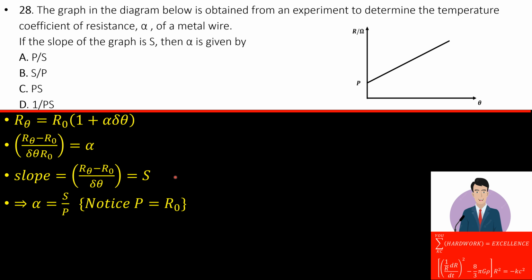And so you realize that our alpha now is actually going to be the slope S divided by P. Okay, notice that P equals R0, right? Because all of this thing like that is a slope, and so if we're dividing that by R0, then we can just replace that R0 by P, right? So that's our alpha, and so our answer is B.